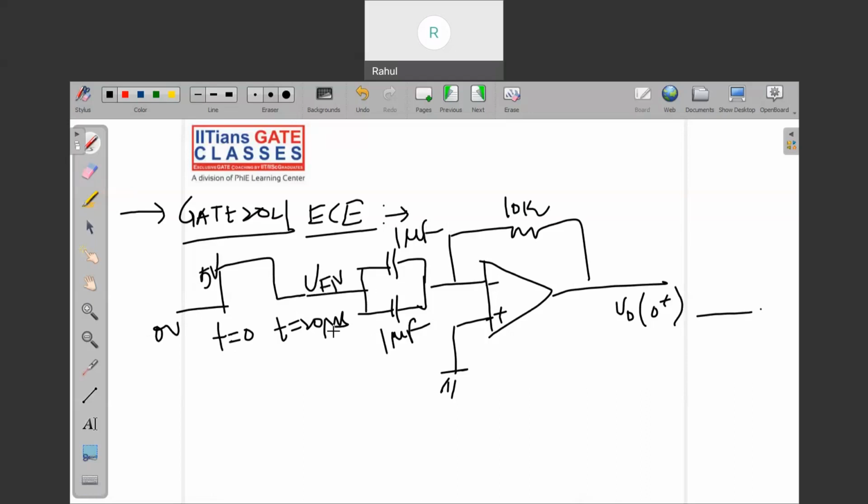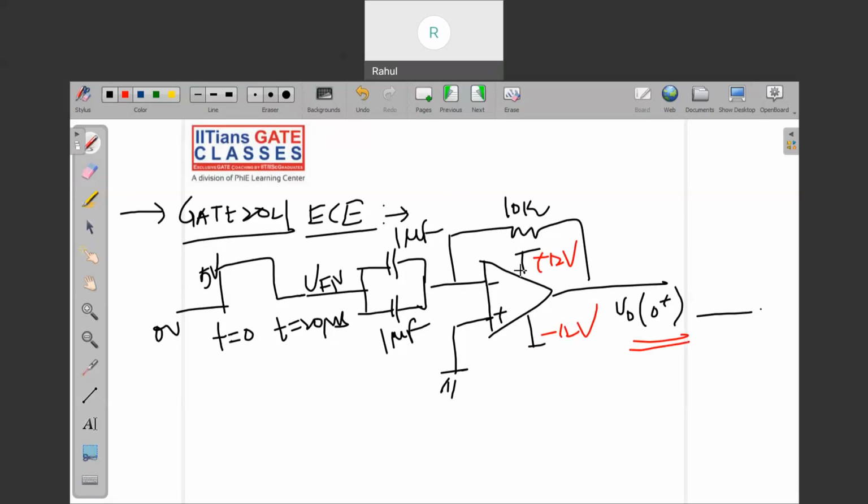So the moment you see this kind of question and the supply is also given, whenever the supplies are given, you have to be slightly cautious. Plus 12 volt and minus 12 volt, right? They are asking the voltage at 0 plus. If you see the capacitance and the resistors, you will think that this is a differentiator circuit, right?